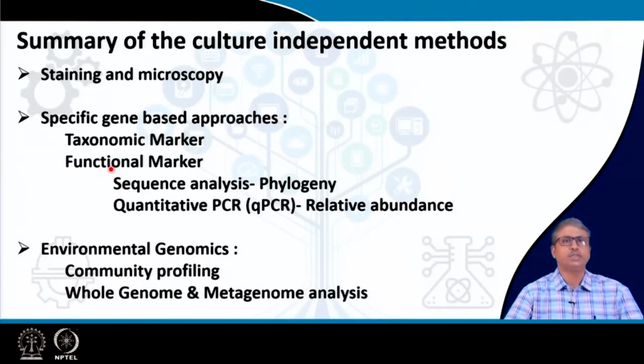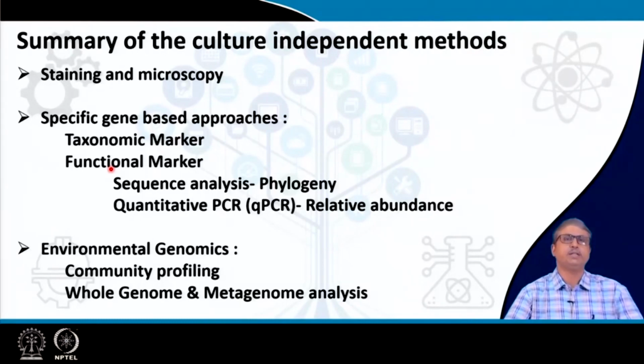With respect to functional marker properties, we basically use different protein coding genes or enzyme coding genes, and these enzymes or proteins are selected based on the function or the relevant function within a particular environmental system.